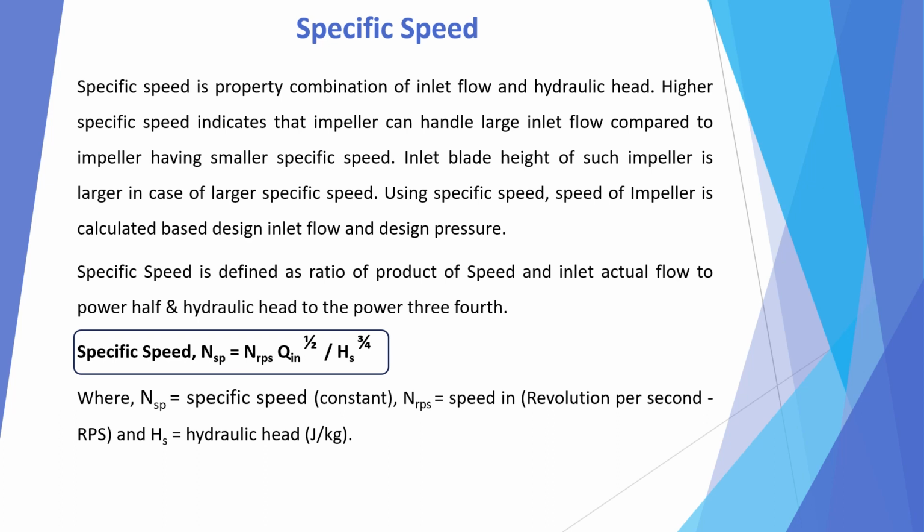So specific speed NSP is equal to N rps into Q in to the power half divided by Hs to the power 3 by 4, where NSP is specific speed, a constant, N rps is speed in revolution per second, and Hs is hydraulic head in joule per kg.